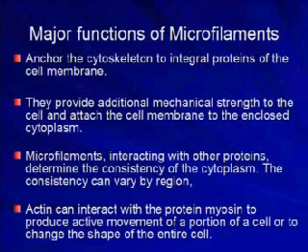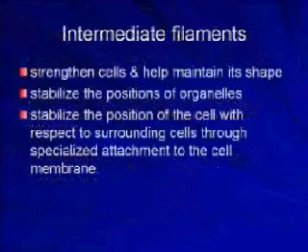Actin can interact with the protein myosin to produce active movement of portions of the cell to change the shape of the entire cell. Again, when we talk about the muscle system, you'll see the importance of actin and myosin in those cells, and we'll describe it in a lot more detail.